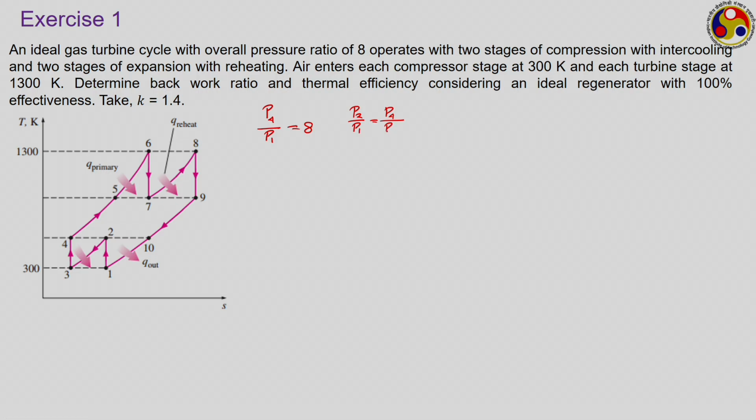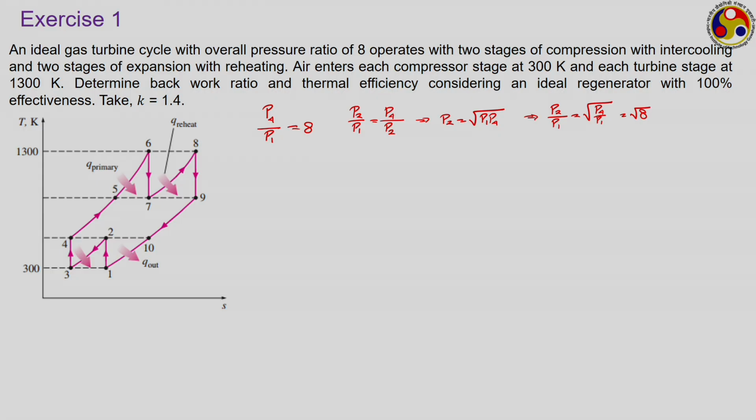So, let us replace P3 with P2, which gives P2 equal to root over P1 P4. Now, if you divide both sides of this equation by P1, then we have P2 upon P1 equal to root over P4 upon P1, that is equal to root 8.